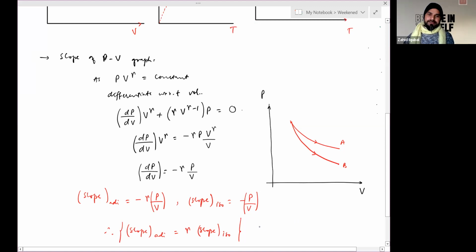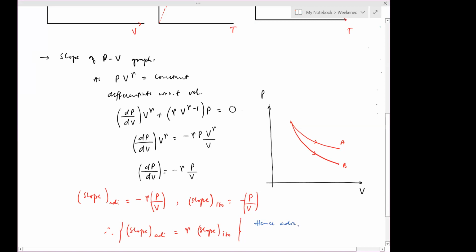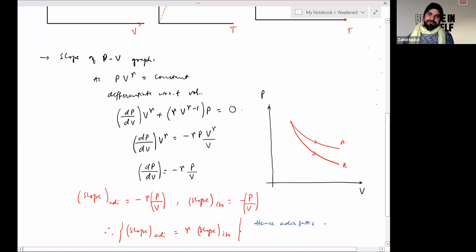Saifullah, is it clear? Yes. So adiabatic curve will be more steeper than isothermal.